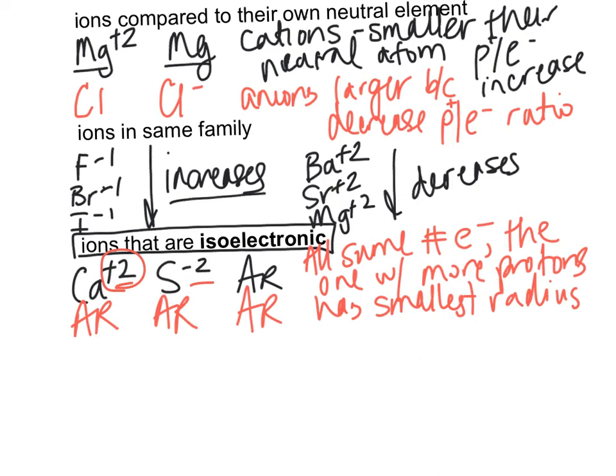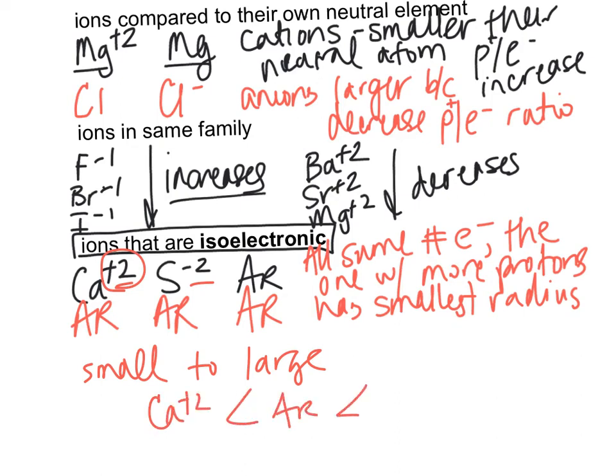So if I were ranking these from small to large, I would go from my positive all the way through to my negative ion. You have to mention electrons and protons in your answer. That is not optional, okay?